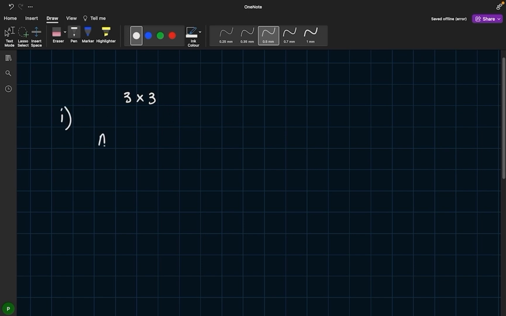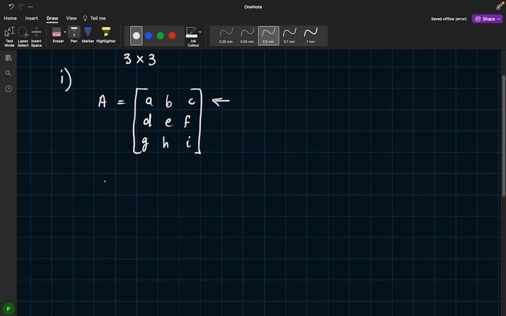Say you have a matrix A equals A, B, C, D, E, F, G, H, and I. This is your 3 by 3 matrix. What you have to realize is your first row is going to act as your leading variables in what you put down.